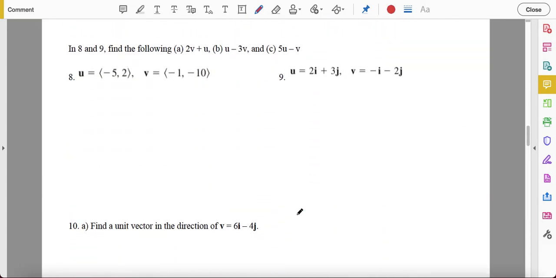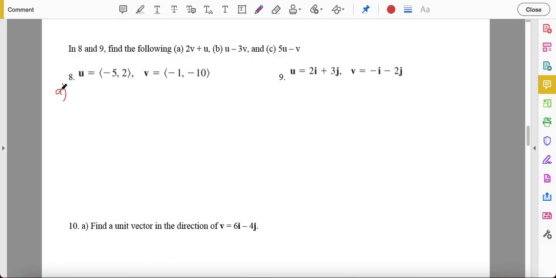All right, number 8 and 9. So we are doing some vector operations. For part A, we're doing 2v plus u. So we have 2 times this one.